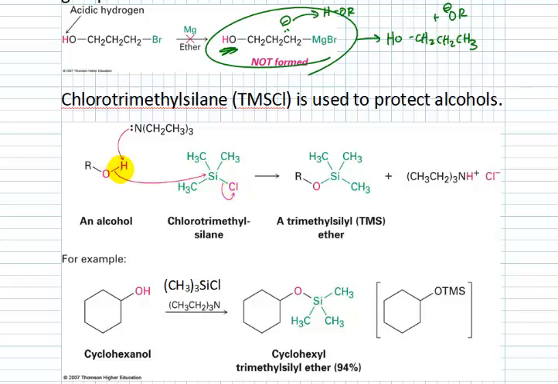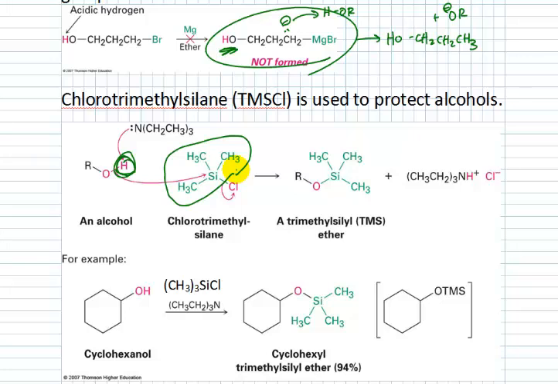We can condense it with this chlorotrimethylsilane, so we make an O-silicon bond, kicking out HCl, essentially. We use some sort of amine, like pyridine or triethylamine, to facilitate the proton removal. But essentially what happened is we replaced this hydrogen with the trimethylsilyl group.